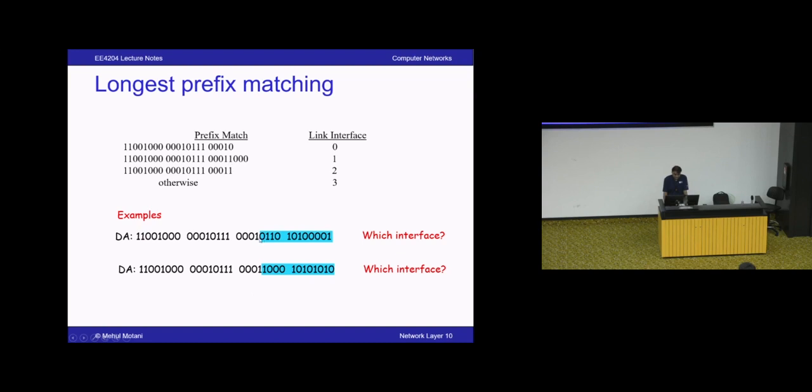So this is 0010, and that matches it. So this would be to interface 0. Okay? How about this one?